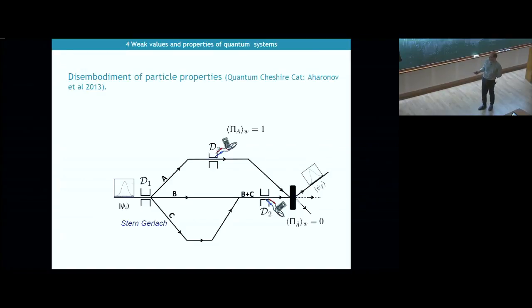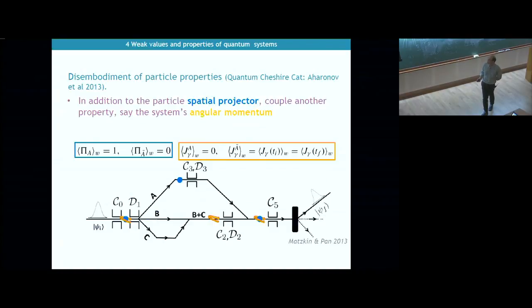The value here is 1, the weak value here is 0, which means I really won't see any trace of the spatial wave function here. You will see 1 here. But if I choose a spin projection, a spin component chosen judiciously in a clever way, then I can obtain the opposite effect for weak measurements of that property, which is here the spin along some direction gamma, and I'll get to how I choose this in a moment.